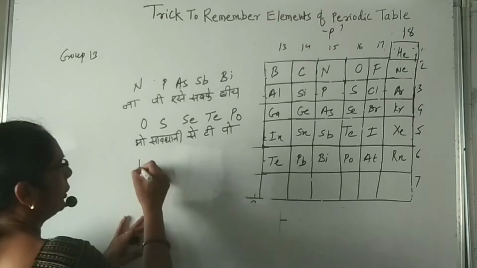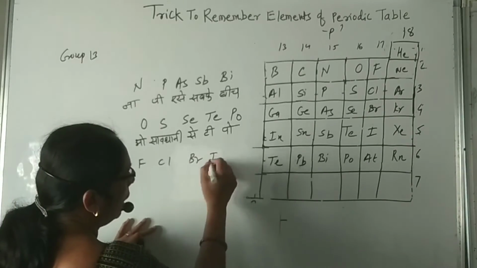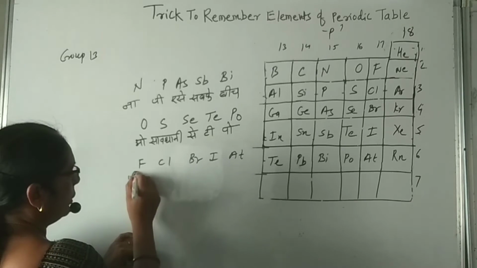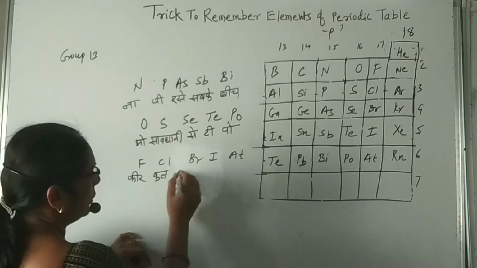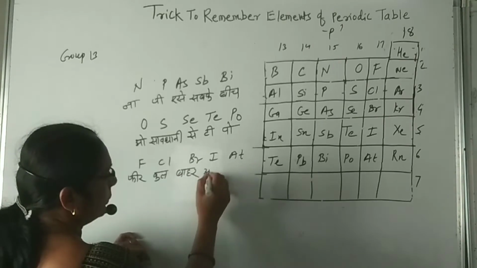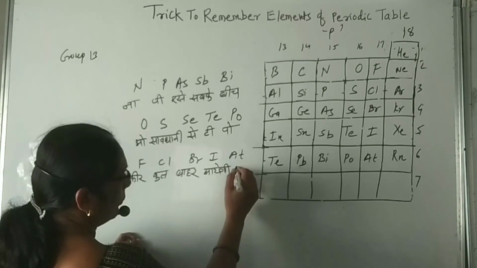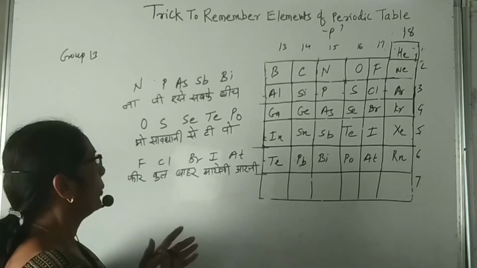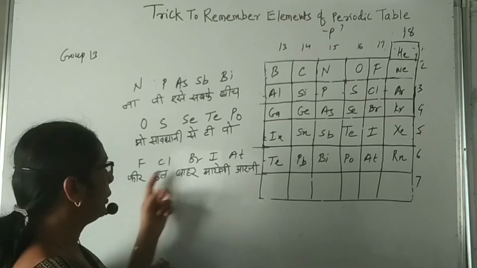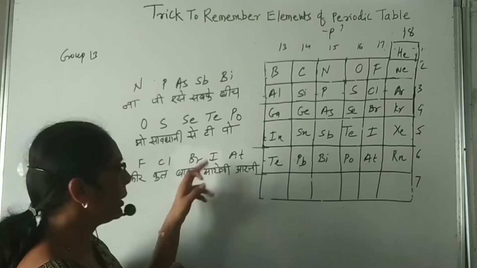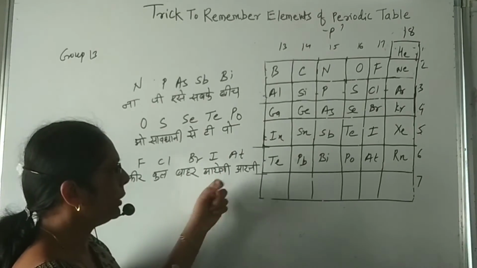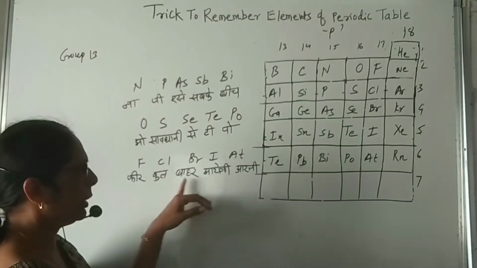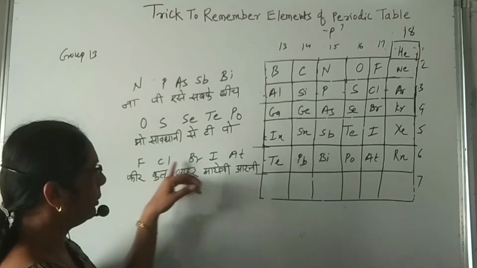Now group 17 elements: fluorine, chlorine, bromine, iodine and astatine. To remember, a simple sentence: Phir Kal Bahar Aayegi Aarti. Fluorine, Phir; Cl, Kal; Br, Bahar; iodine, Aayegi; At, Aarti, the name of a girl. Phir Kal Bahar Aayegi Aarti.